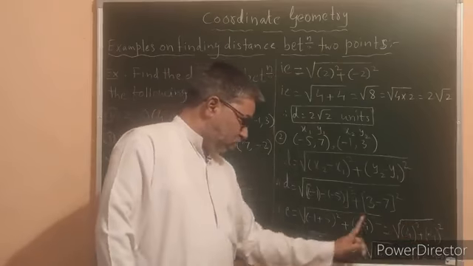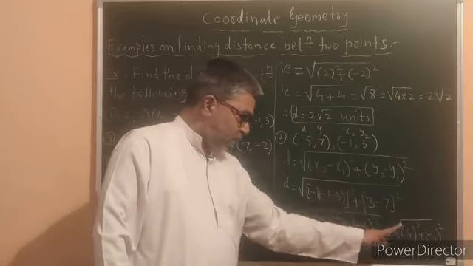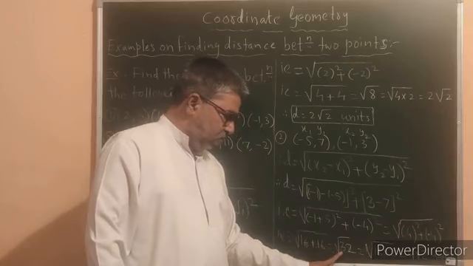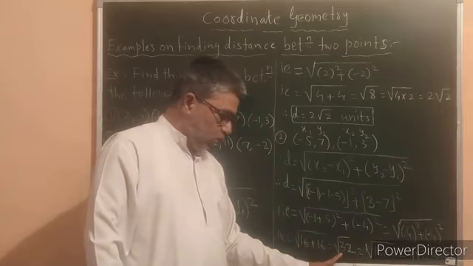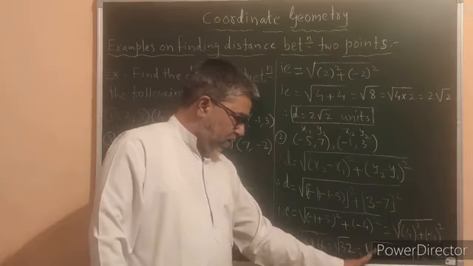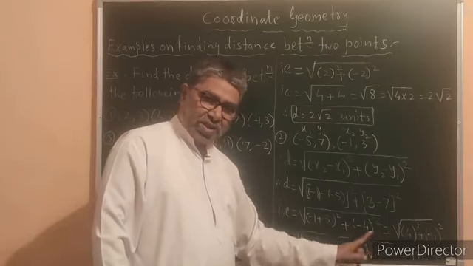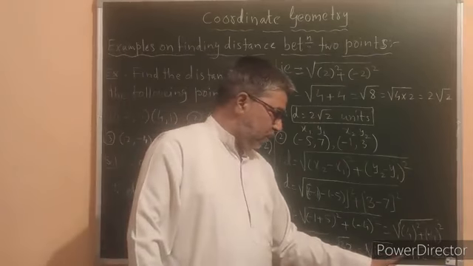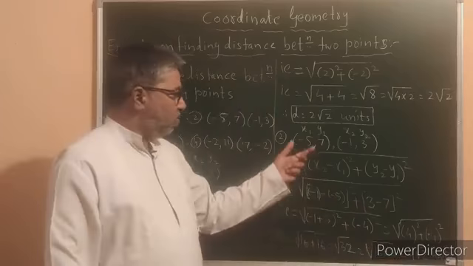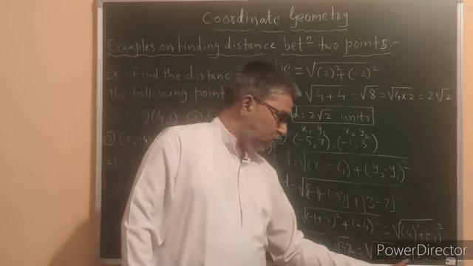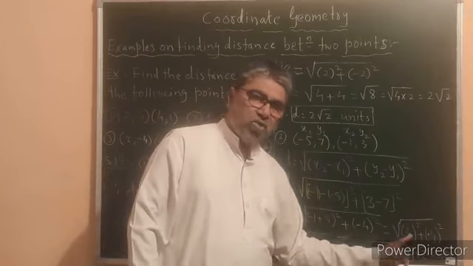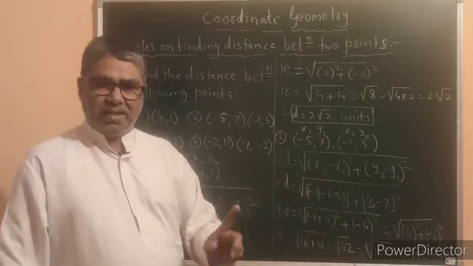In the next step, 4 square is 16, plus (minus 4) square is also 16. So 16 plus 16 is square root of 32, and 32 is nothing but 16 into 2. 16 is a perfect square. Take it outside the root sign, and the distance between these 2 points will be 4 root 2 units. So this is the solution for the second example.